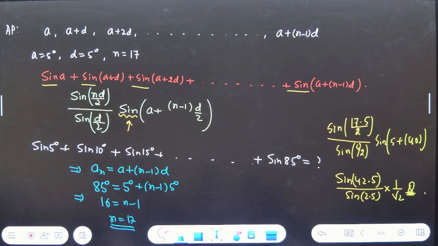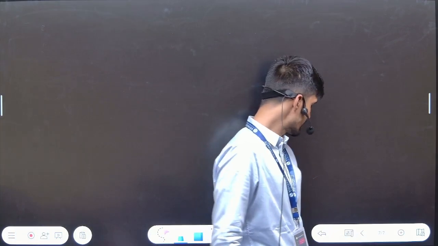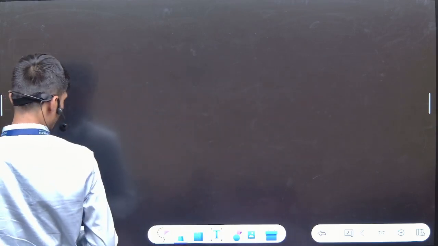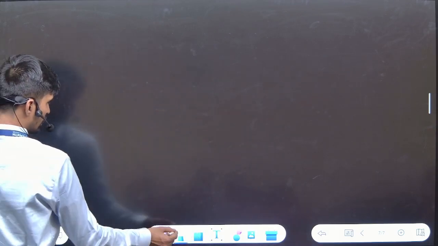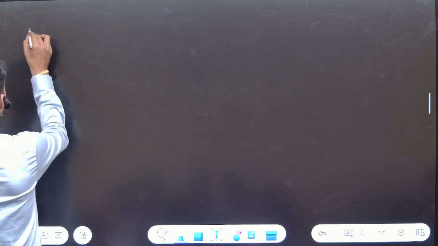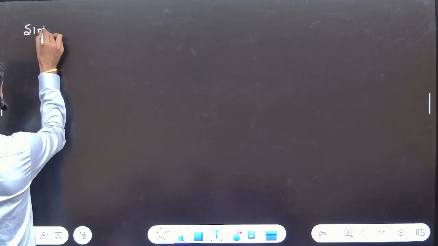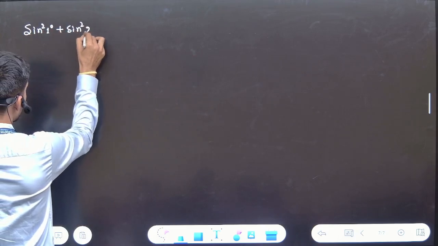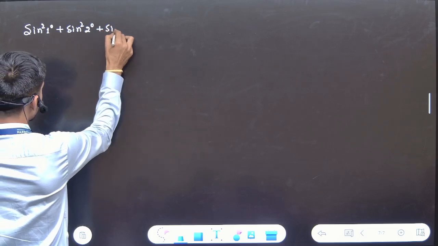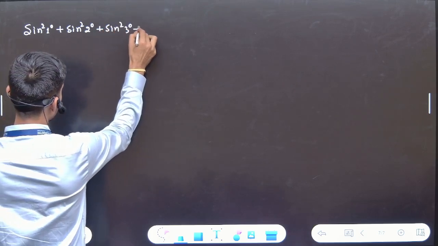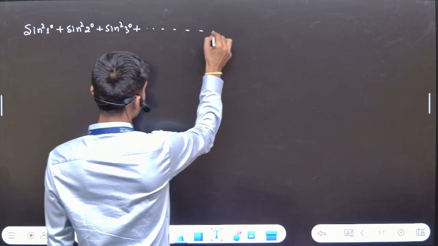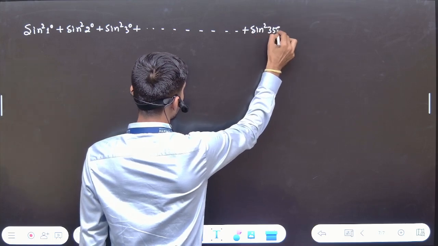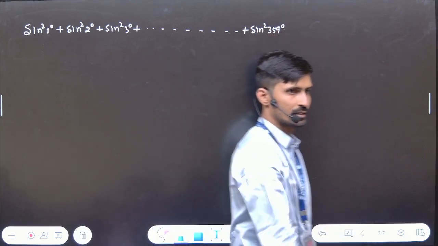Okay? Okay, so we'll understand this question. So try to think. sin square 1 degree plus sin square 2 degree plus sin square 3 degree plus sin square 359 degree.